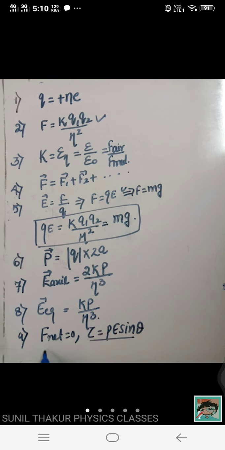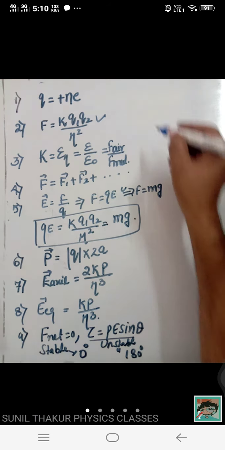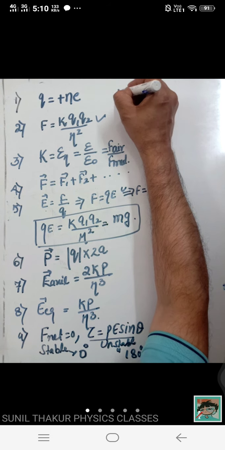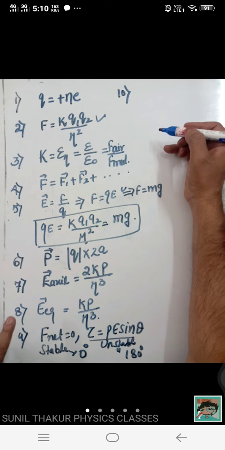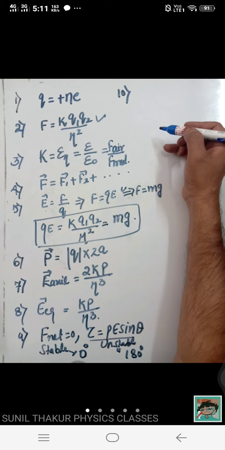There are two types of equilibrium, stable and unstable. In stable equilibrium, theta must be 0 degree and in unstable, theta must be equal to 180 degree. Maximum torque, you know, is at 90 degree.